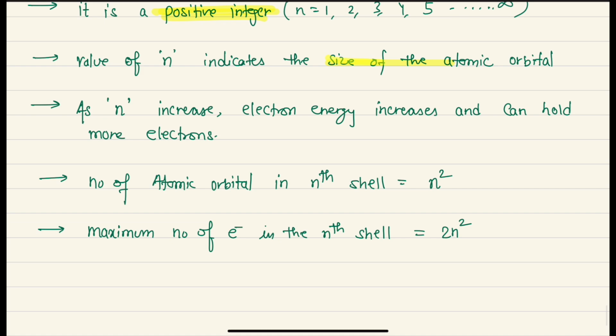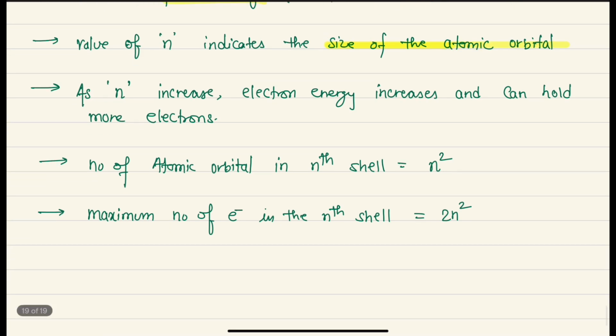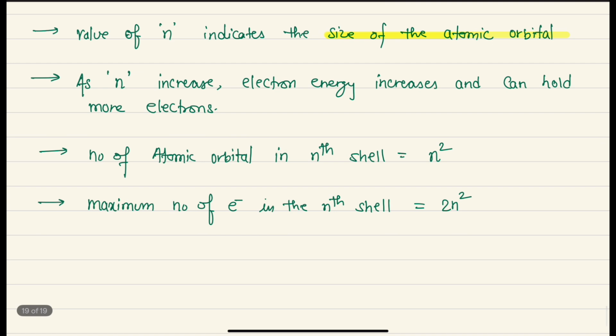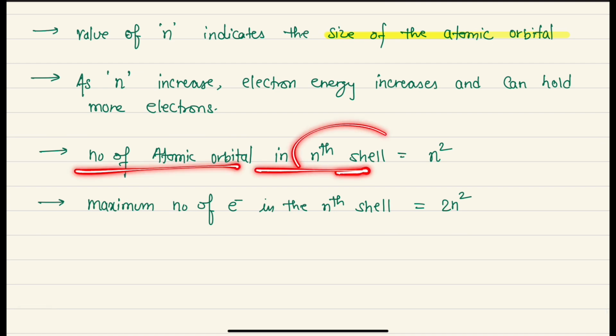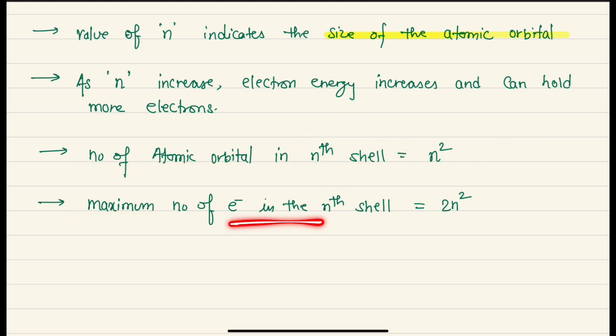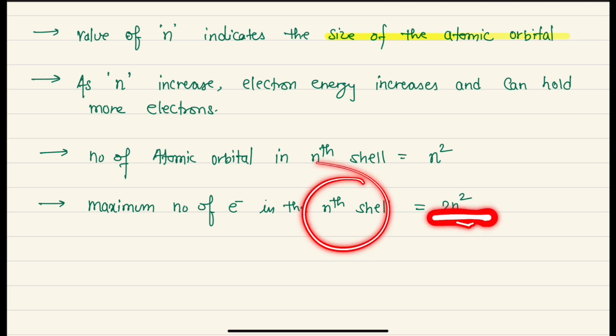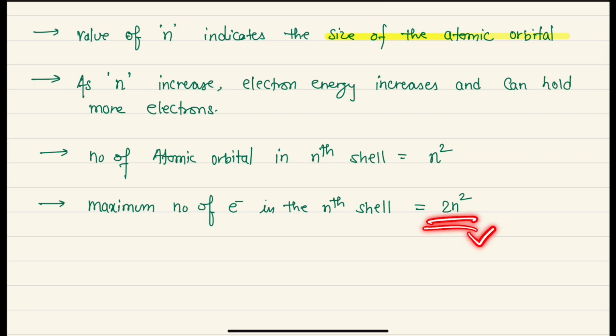As n increases, electron energy also increases, and higher n can hold more and more electrons. The number of atomic orbitals in the nth shell is n square, and the maximum number of electrons present in the nth shell is 2n square.